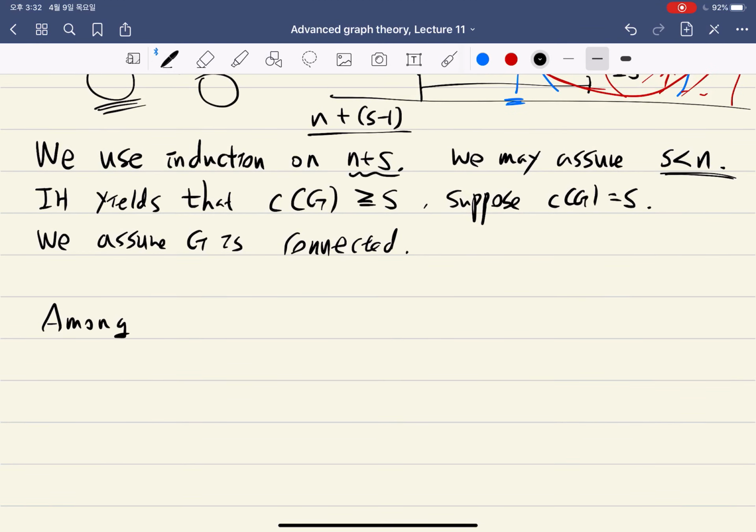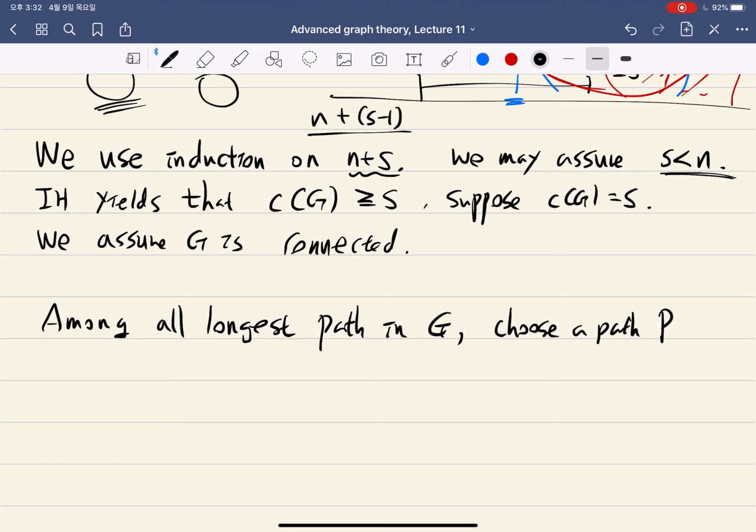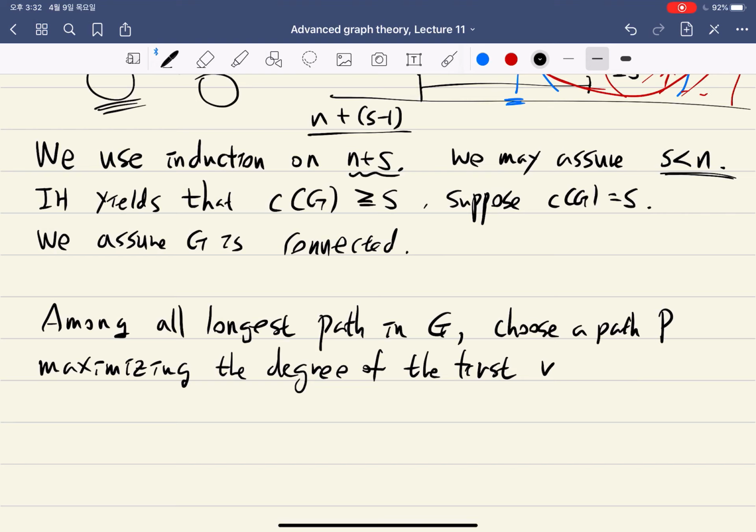As we planned, we take among all longest paths in G a path P which maximizes the degree of the first vertex, say p1.